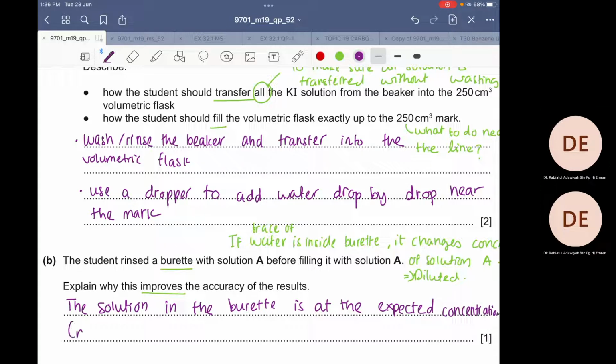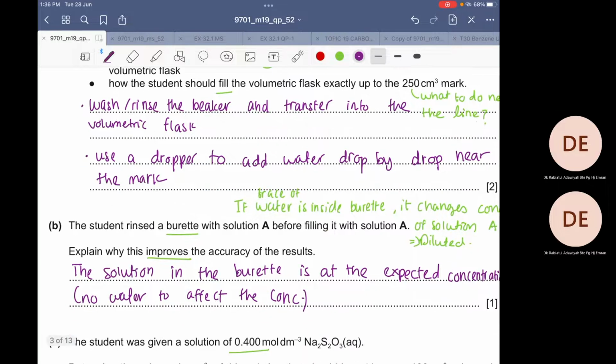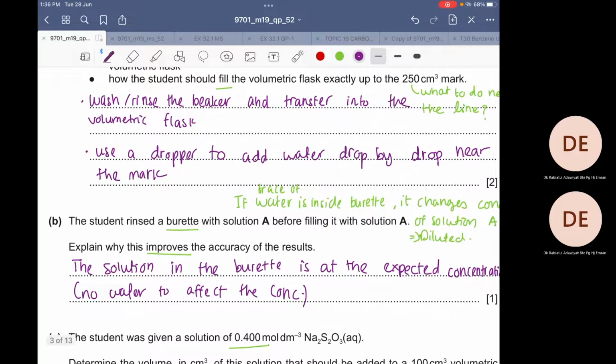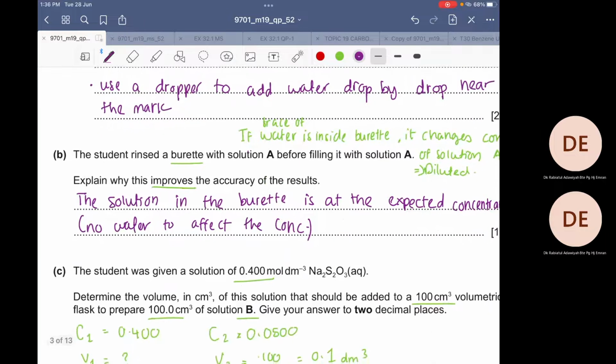You can say no water to affect the concentration. Okay, so that's something that we tell you to do every time, but I don't think I've ever mentioned as to why that step is necessary.